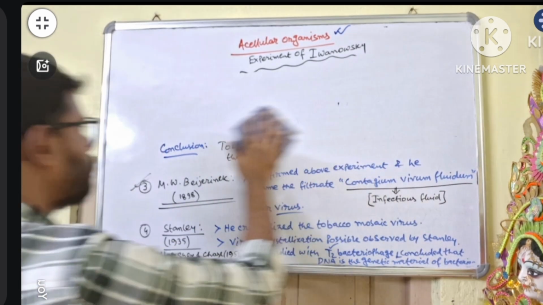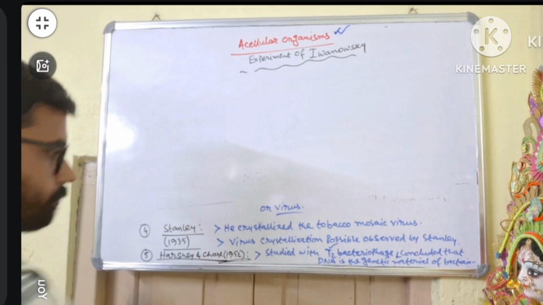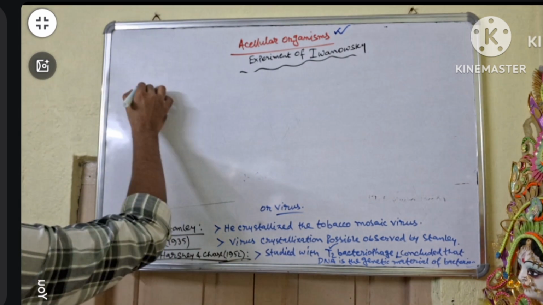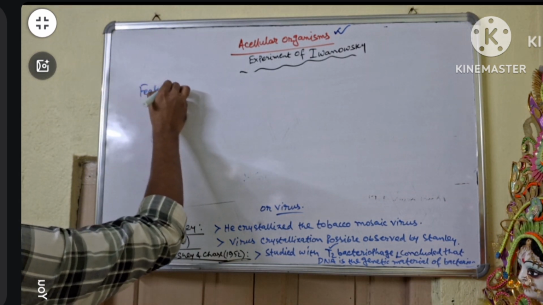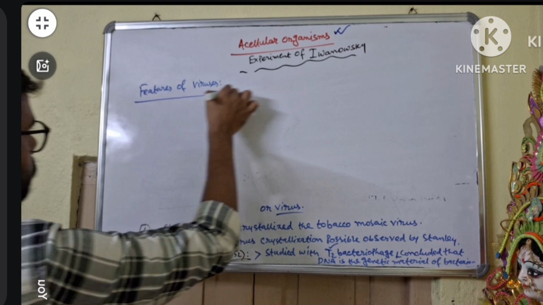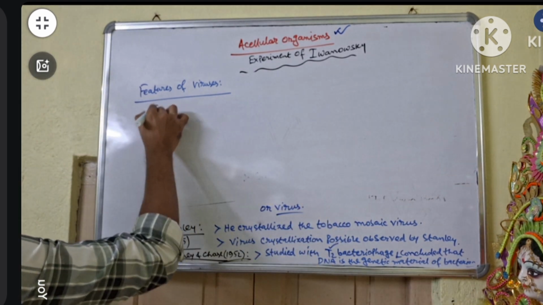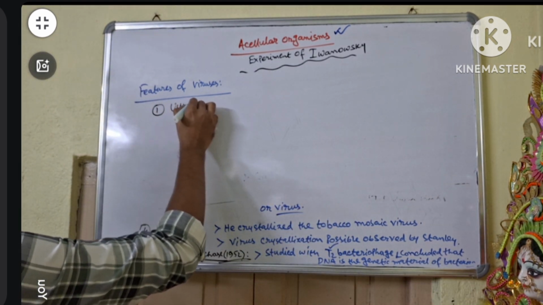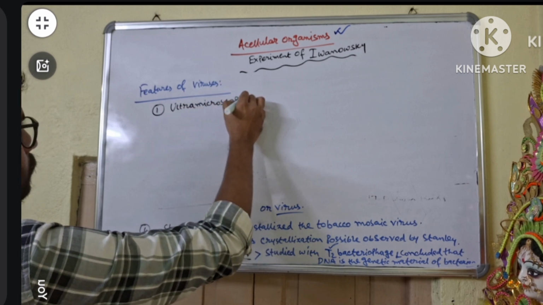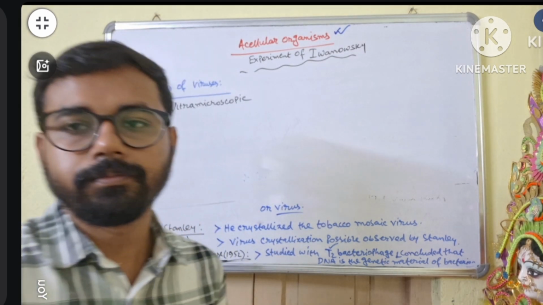And next we look for the properties or features of viruses. Feature number one, viruses are ultramicroscopic. What does ultramicroscopic mean?